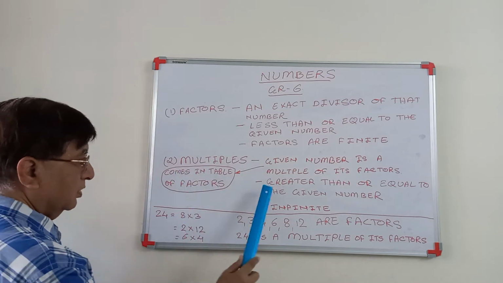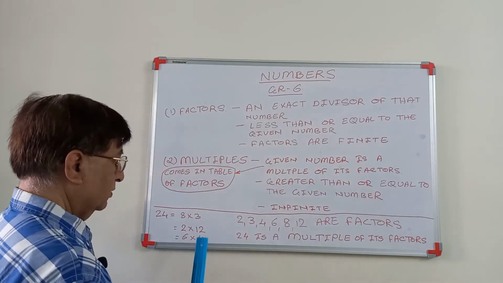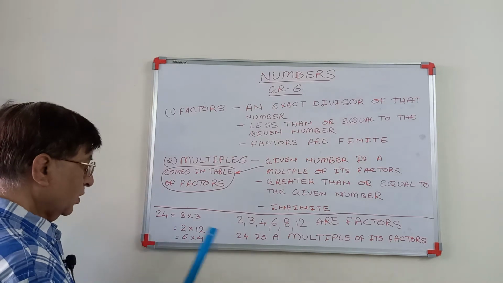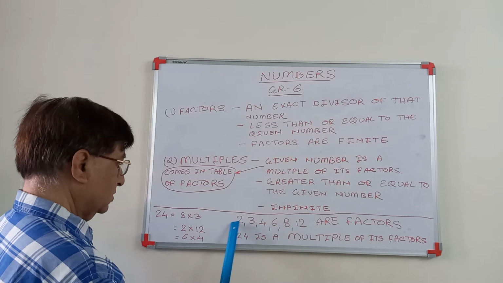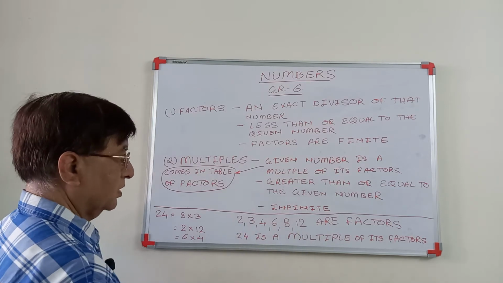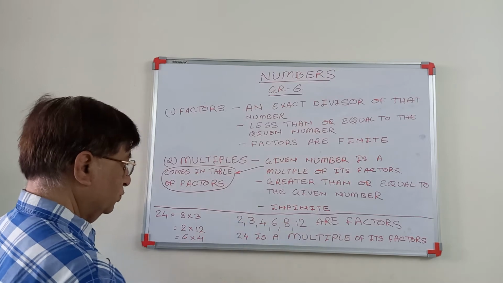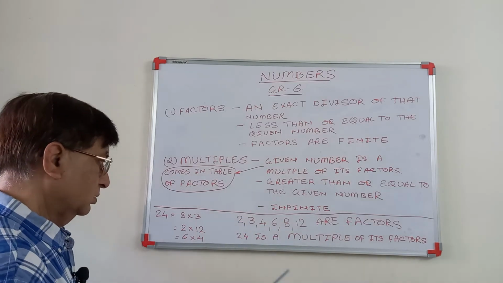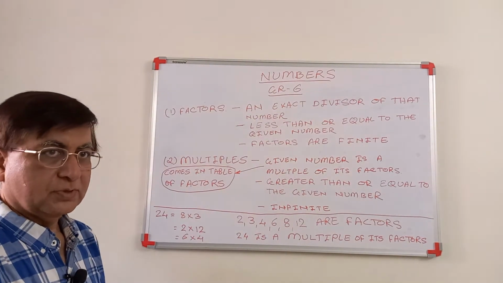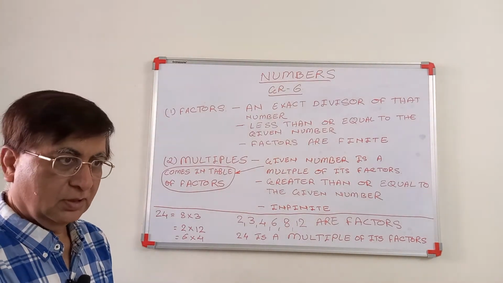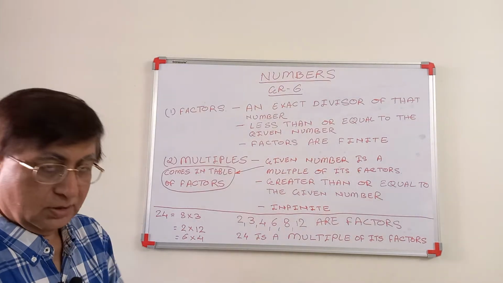So 24 is a multiple of all these factors. A multiple will always be equal to or greater than its factors. And multiples are infinite. Like in the table of 2, we can have an infinite number of multiples: 2 times 10, 2 times 11, 2 times 12, 2 times 13, 2 times 50, 2 times 100, 2 times 150.